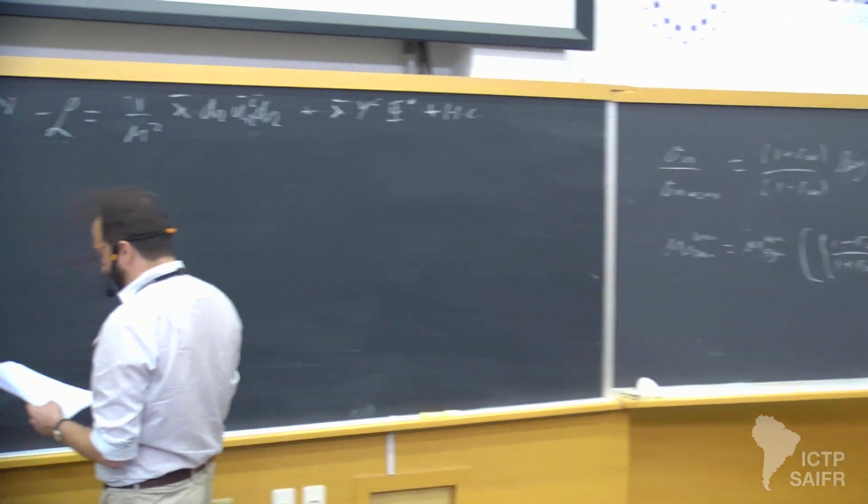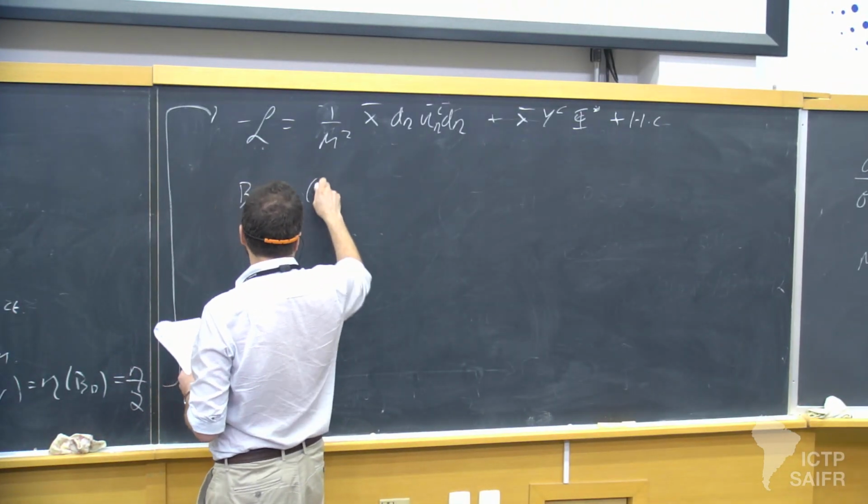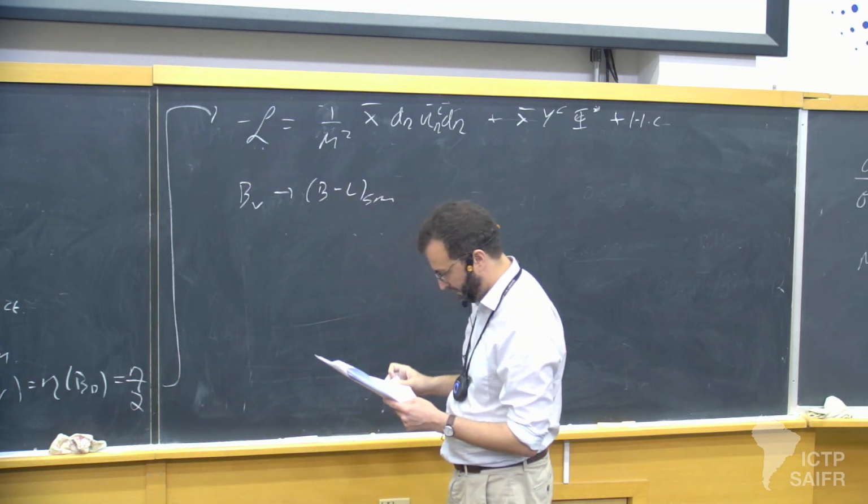So at high temperature, of course, we should take B_V to be B minus L of the standard model. This will typically be the case.